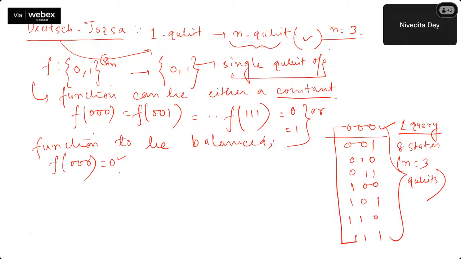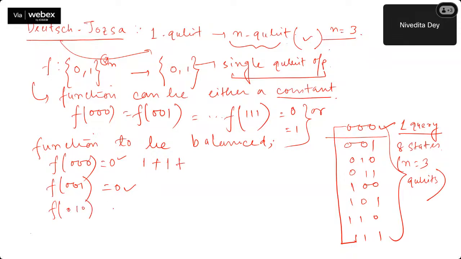So if f(000) equals 0, then I cannot conclude anything. One query is already gone. Now say f(001) is, for example, another 0. Can I now tell anything?